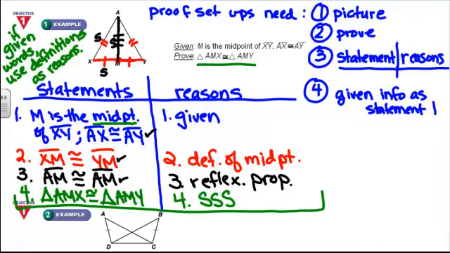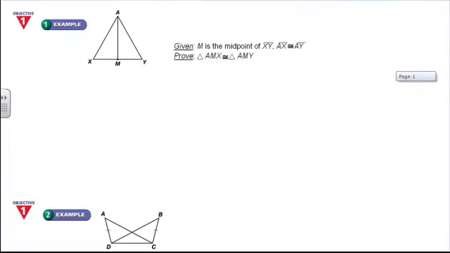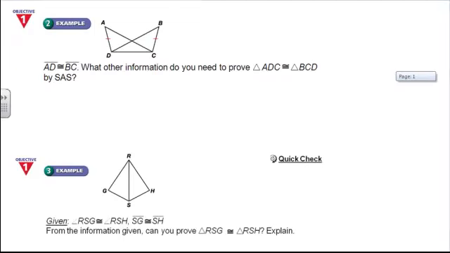Okay, going to do another proof. In example 2, it tells you that segment AD is congruent to segment BC. The question says, what other information do you need to prove that triangle ADC, now take a look at triangle ADC, ADC is this overlapping triangle.